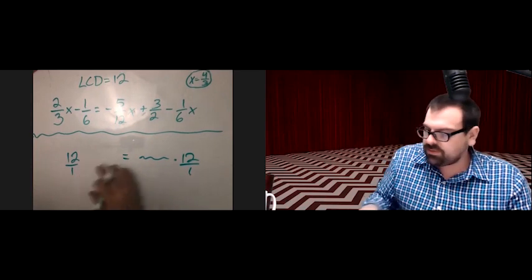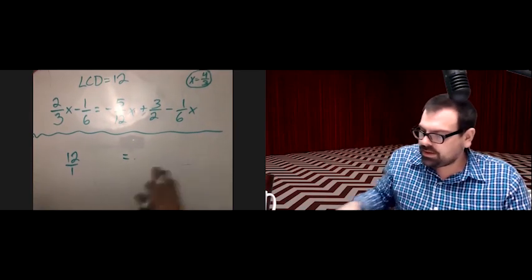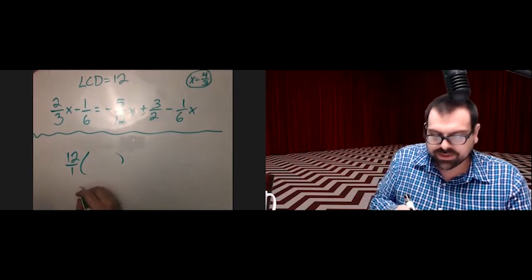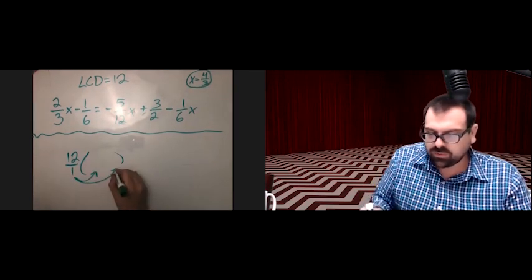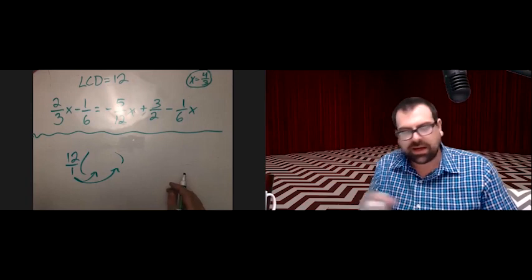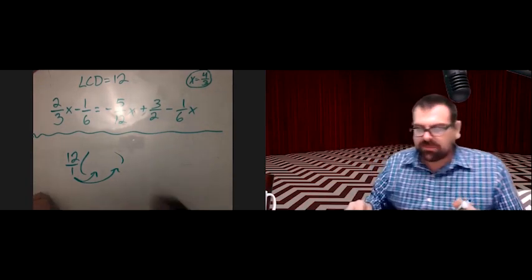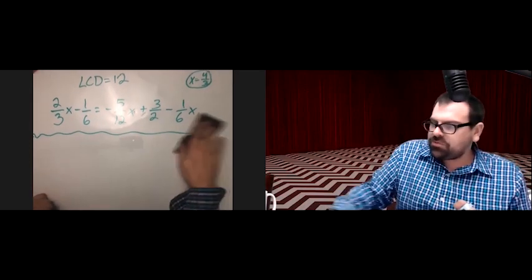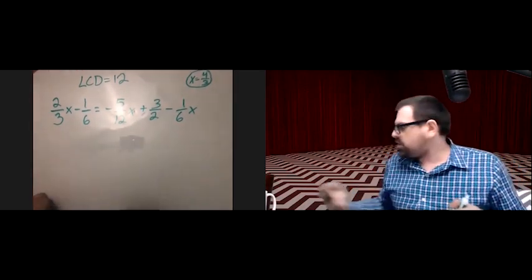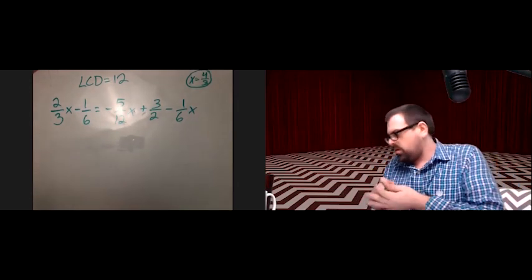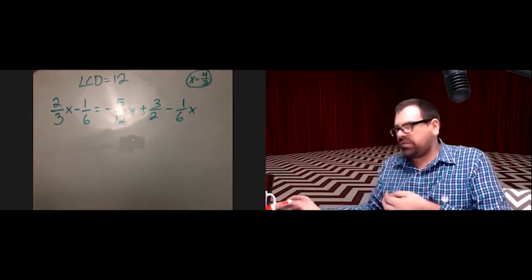If these things that we're multiplying by have parentheses, then this 12/1 gets multiplied by each of the terms inside. It gets distributed. So I'm just skipping those steps, and I'm just jumping to the result, which is there's going to be a times 12 in the top of every term.